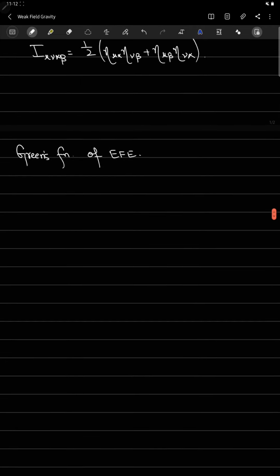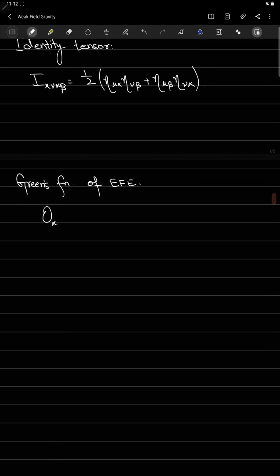And that is, I have this operator O alpha beta mu nu acting on G alpha beta gamma delta of x minus y, which is equal to 1 by 2 I mu nu gamma delta, and you'll have your delta function in 4D, delta 4 of x minus y.